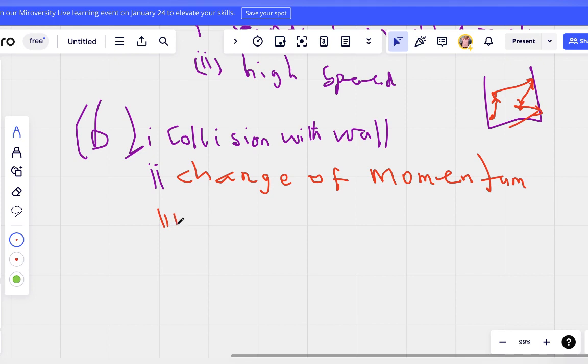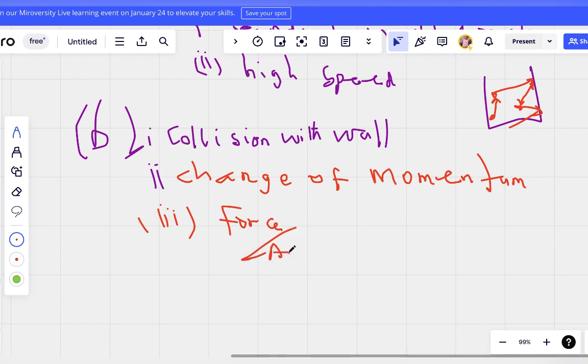The third point. The force hits the wall in a specific area, right? There will be a force on the wall, exerted on the wall. So when force is exerted on the wall, force over an area will result.